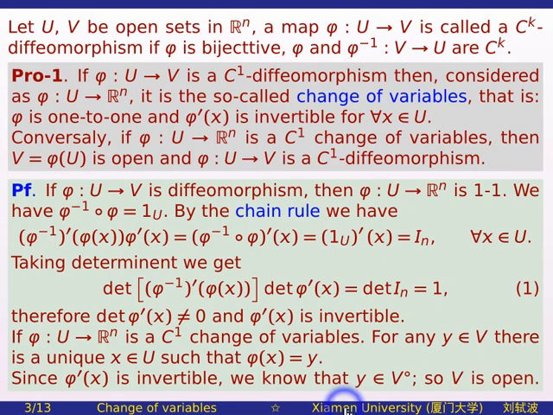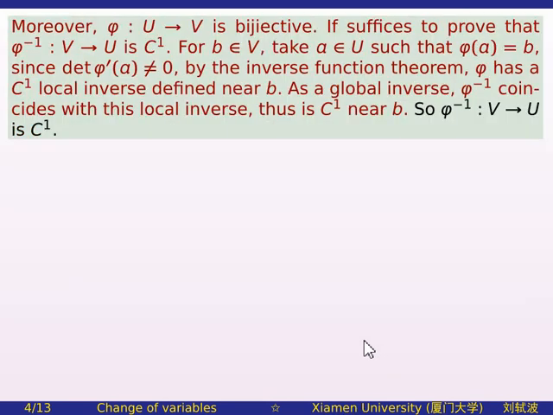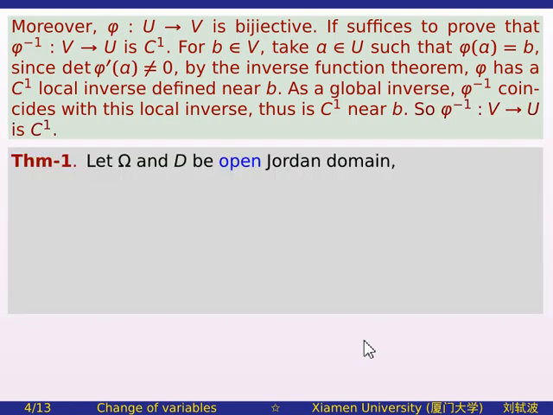Okay. Now, having clarified the concept of a change of variables or diffeomorphisms, we can state the change of variable formula for multiple integrals. So, suppose omega and D are open Jordan domains in Rn. Then assume also that phi is a map defined on the closure of omega to Rn, which is C1.